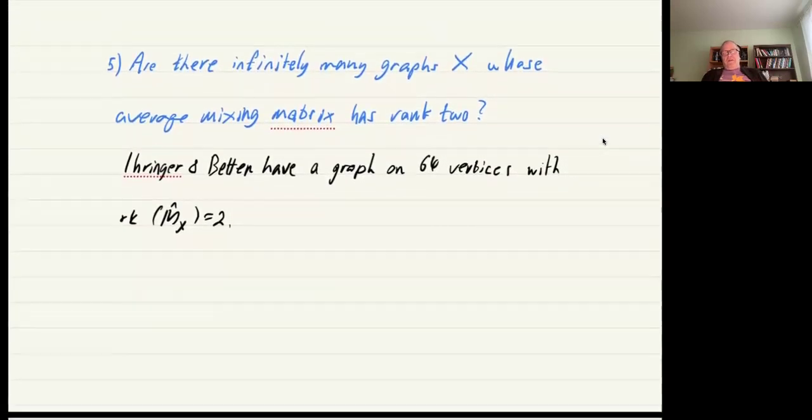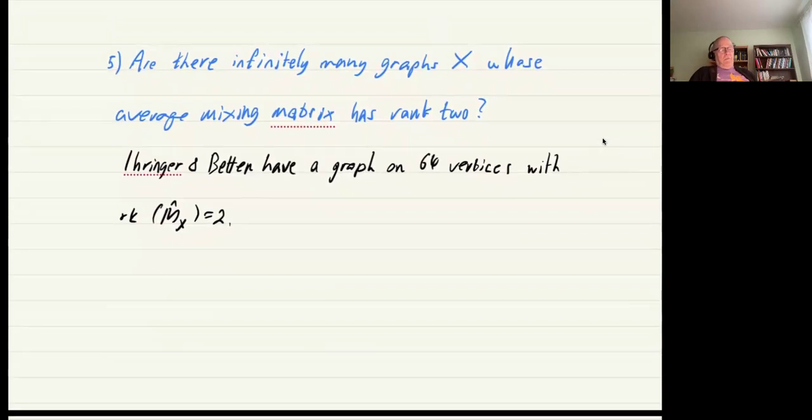Now we have various parameters attached to continuous quantum walks, and one of the more interesting ones is the so-called average mixing matrix. Now remember that was the sum of sigma, Schur squared.